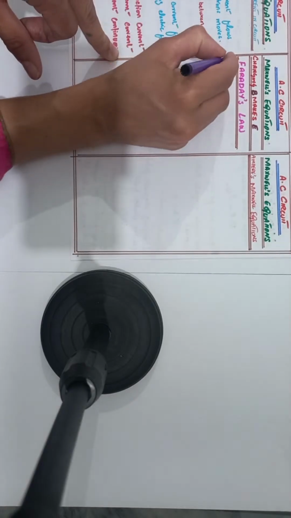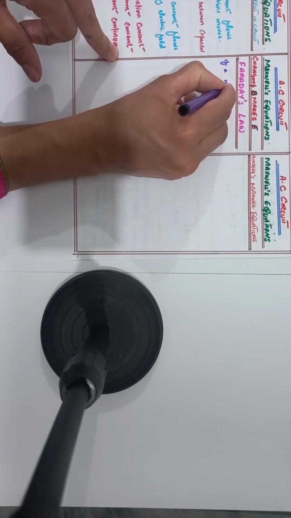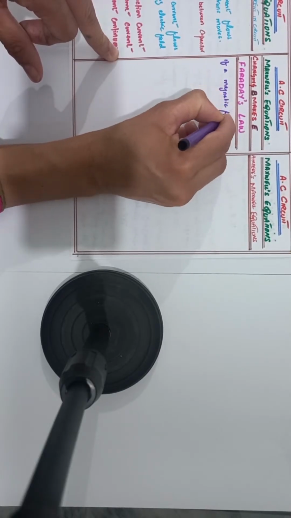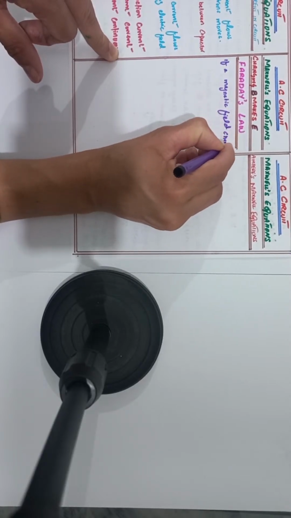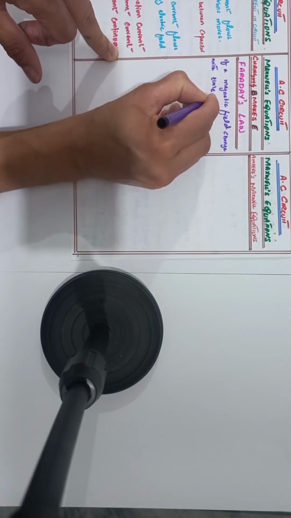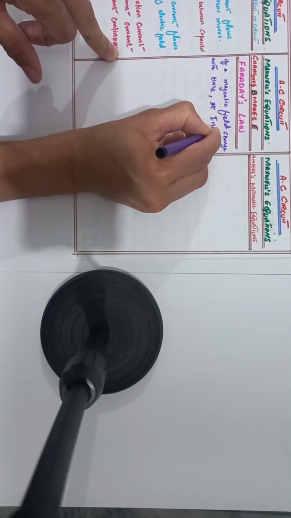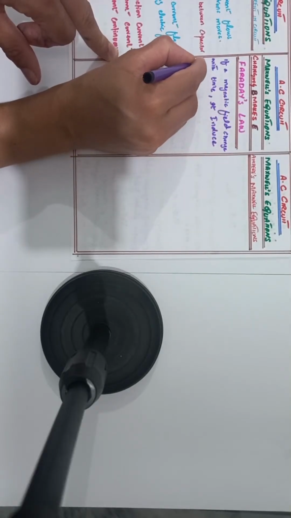If a magnetic field changes with time, it induces an electric field.